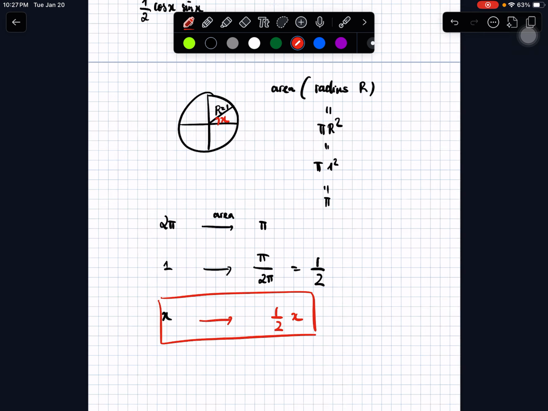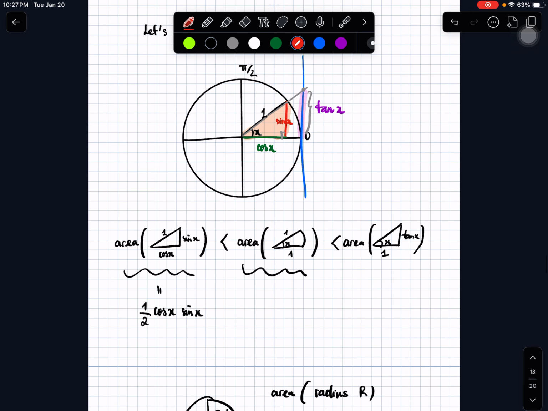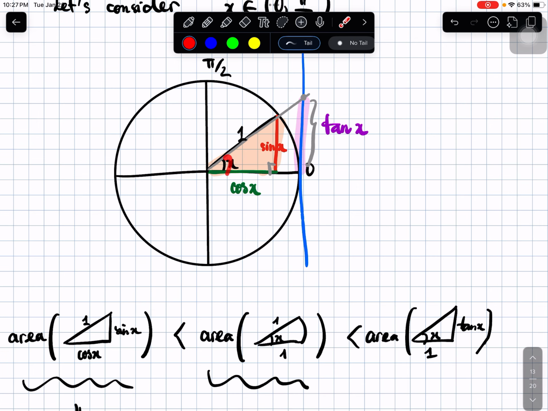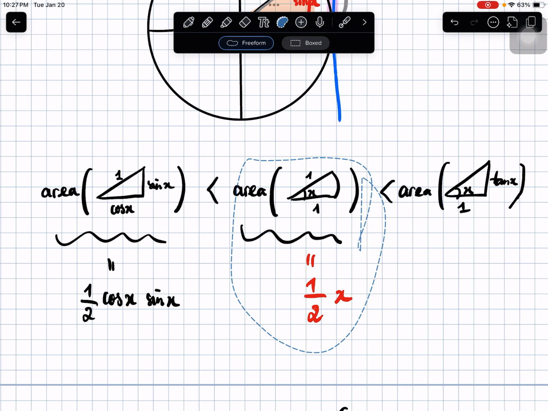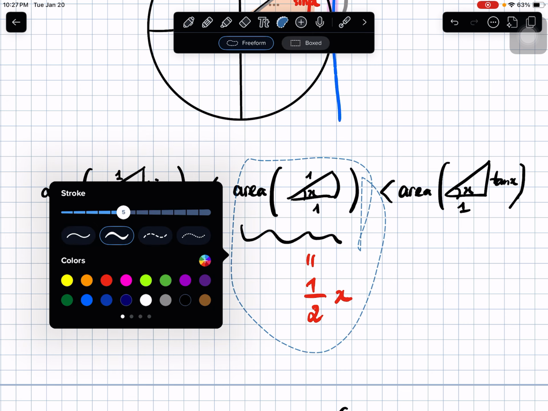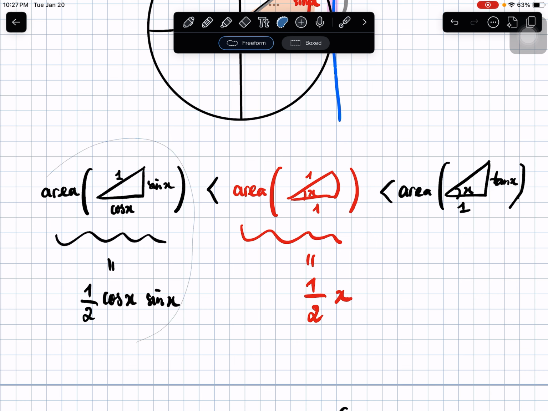So this circle sector gives us area 1/2 x.